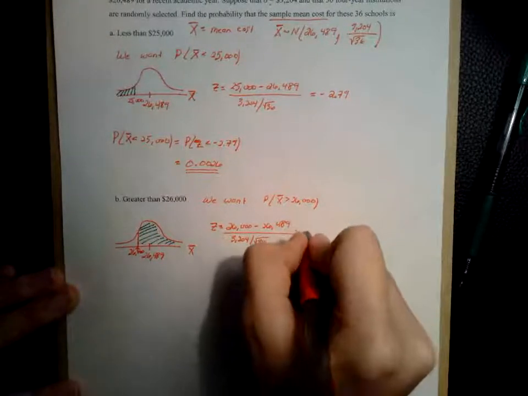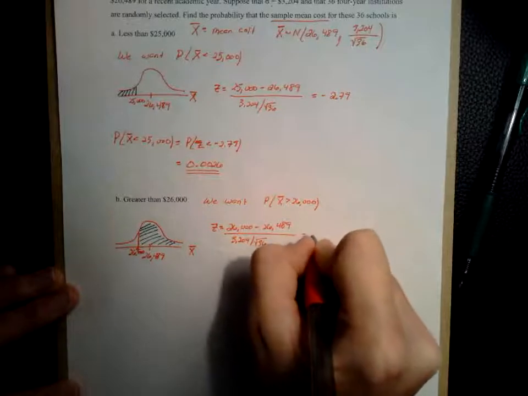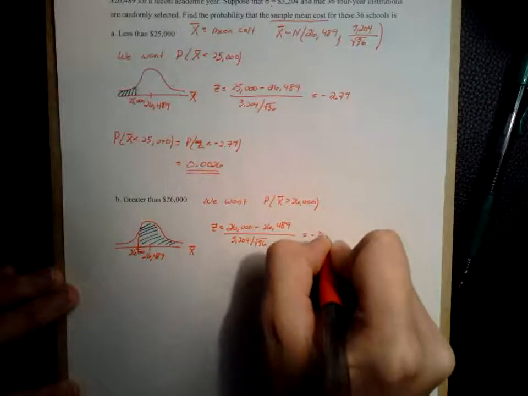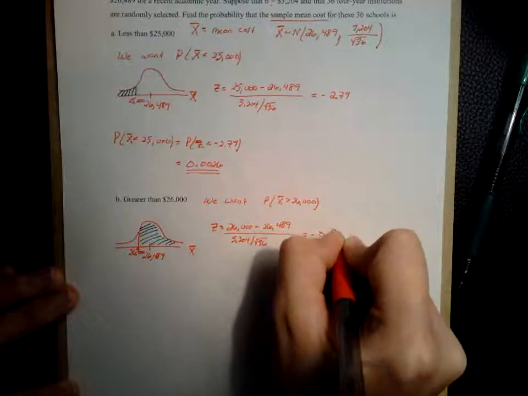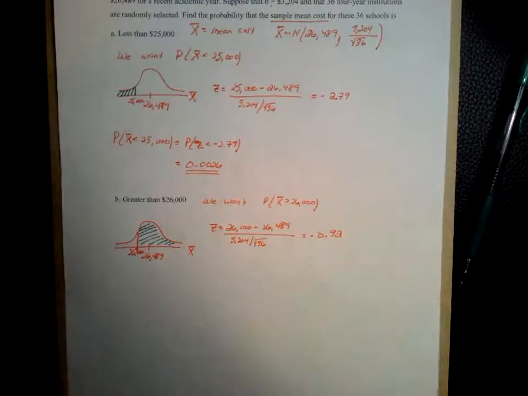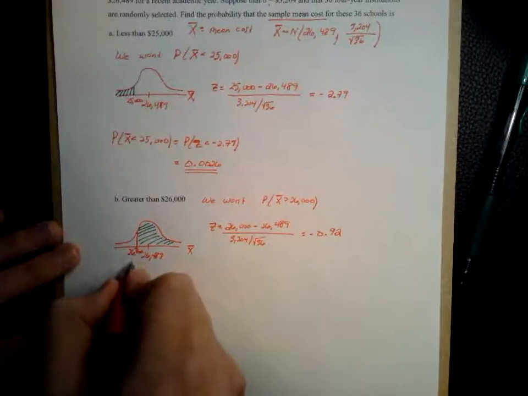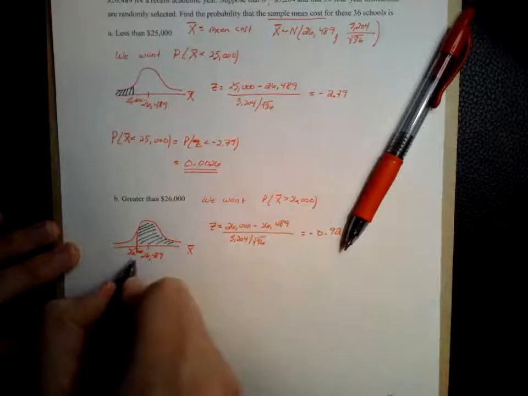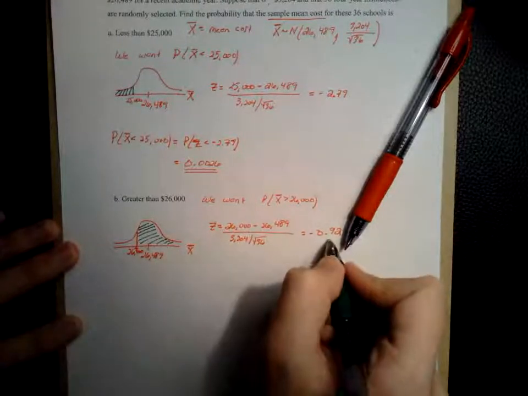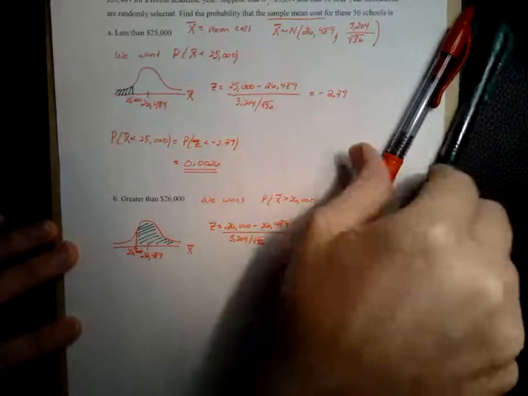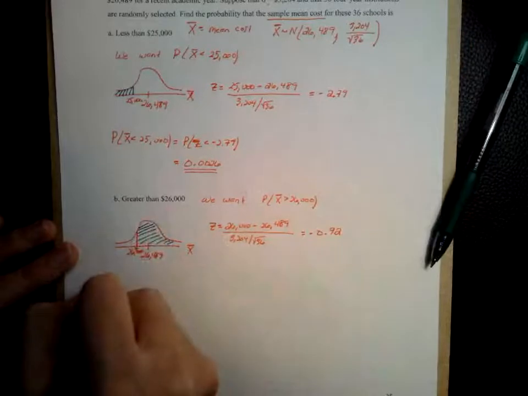And this is equal to negative 0.92. That means the z-score right here associated with 26,000 is negative 0.92.